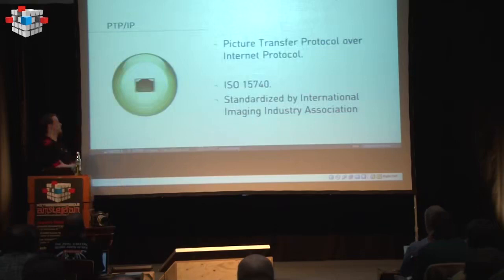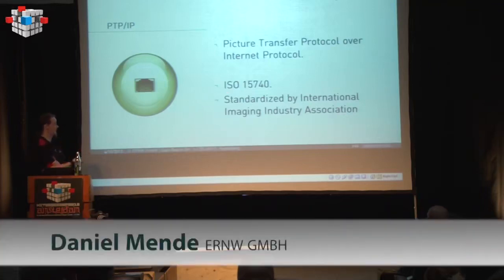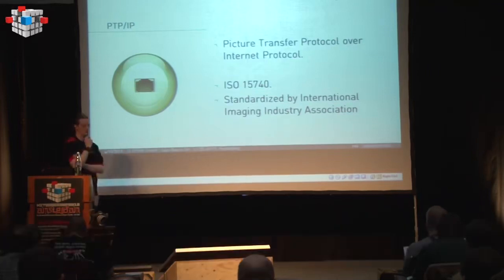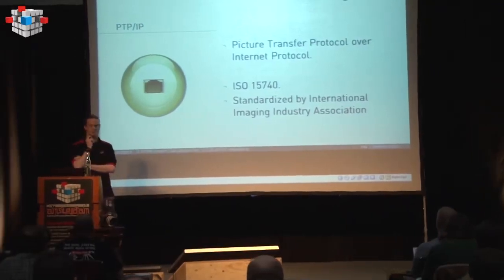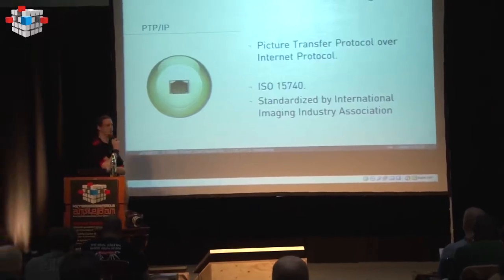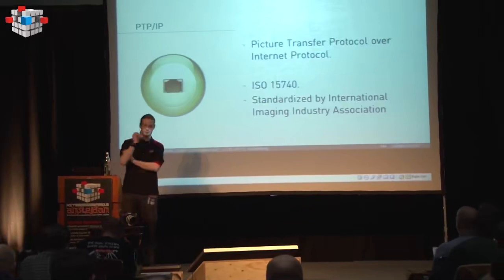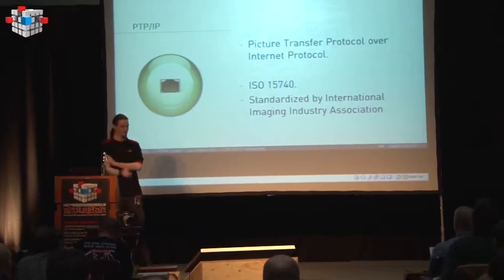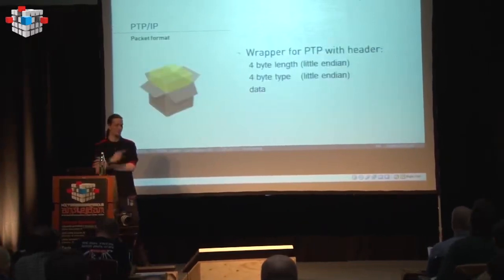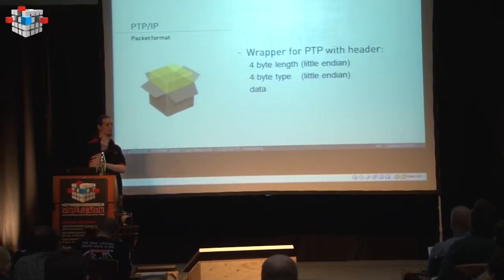Okay, so PTP-IP stands for Picture Transfer Protocol over Internet Protocol. It's specified in an ISO, and it's standardized by the International Imaging Industry Association. So again, some companies sitting together just throwing out some specs. The packet format is quite easy.